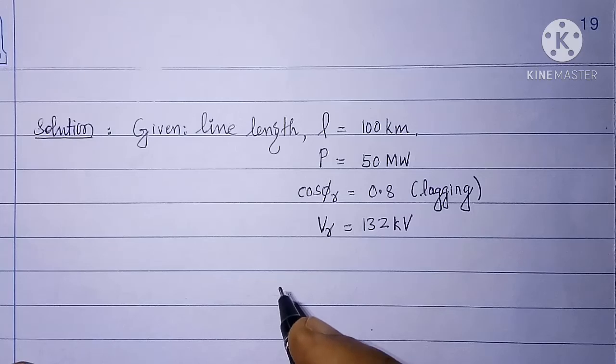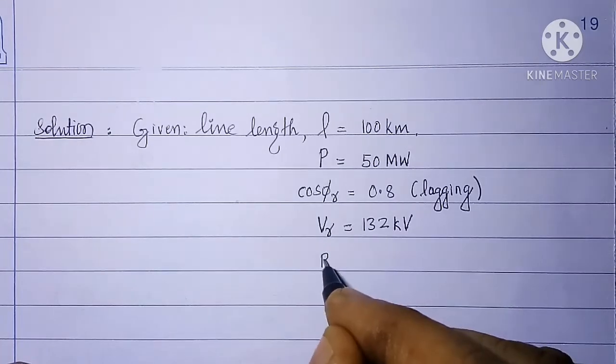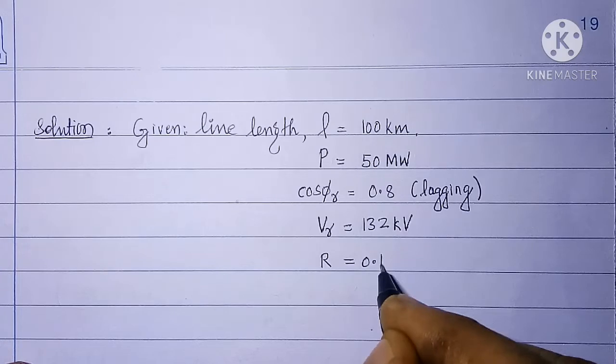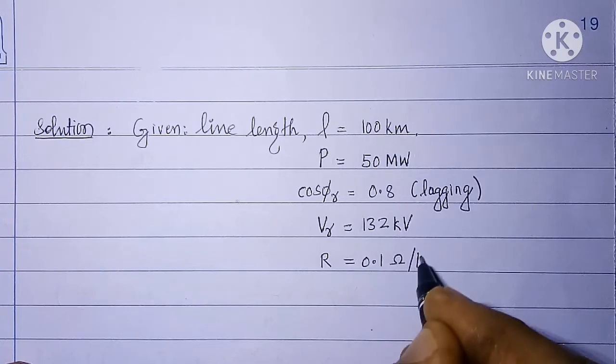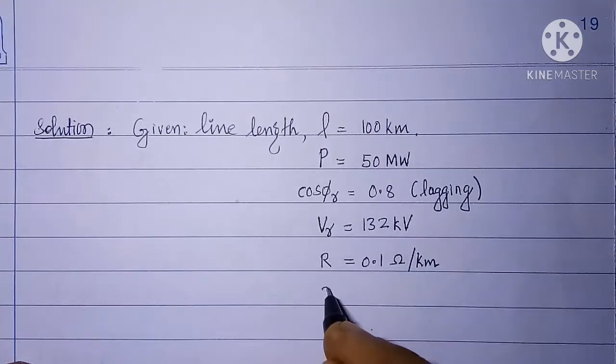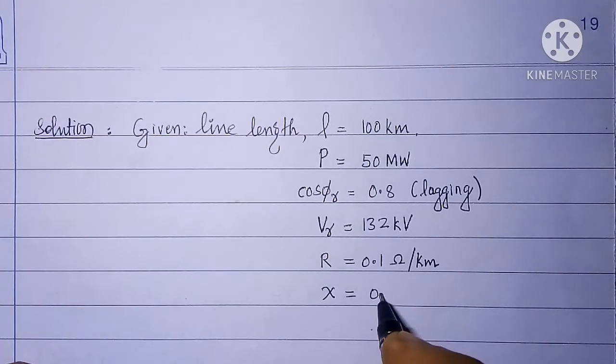Resistance of each conductor is 0.1 ohm per kilometer. R is equal to 0.1 ohm per kilometer. And reactance is 0.3 ohm per kilometer.